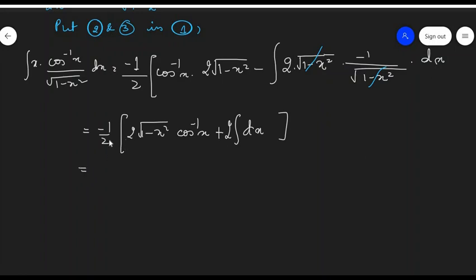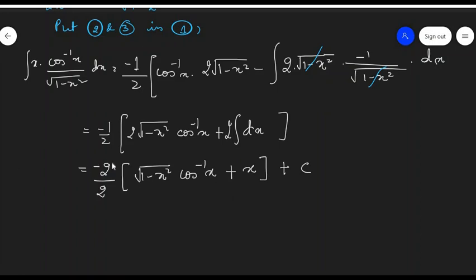Now I can just take this 2 common. So I will get minus 2 upon 2 into square root of 1 minus x square cos inverse x plus integration of dx is x, and plus c.